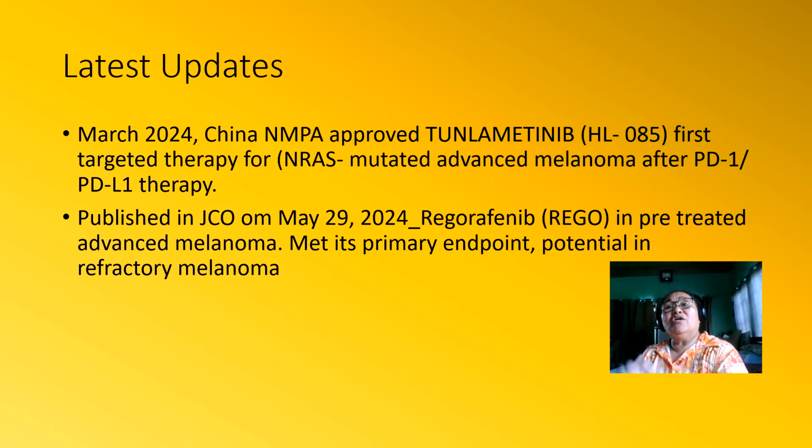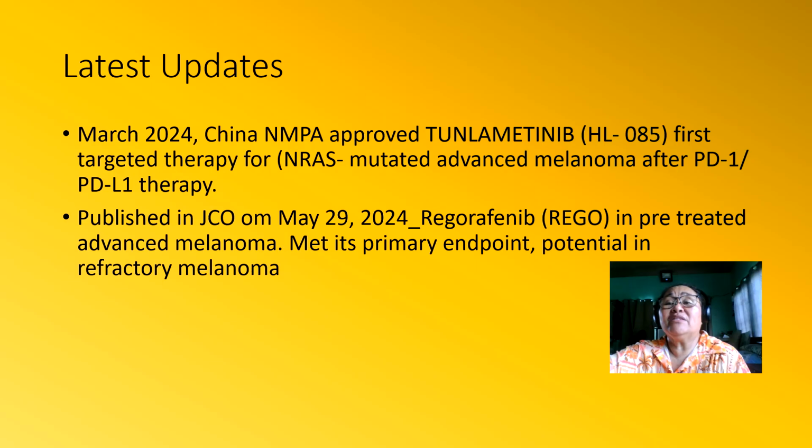Okay, so let's go now to the latest updates in melanoma. Recent advances in melanoma research continue to improve treatment options, particularly for patients with advanced or treatment-resistant disease. Number one is tunlametinib for NRAS mutated melanoma.